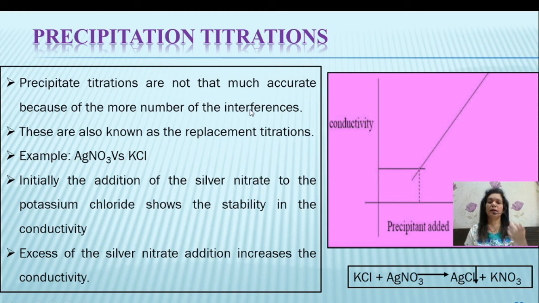When we add KCl solution to AgNO3, formation of precipitate keeps the conductivity constant or decreasing, so initially a plateau is observed. Once the precipitation and formation of AgCl is complete, excess addition of KCl increases the conductivity and a sharp rise is observed in the graph. Extrapolation of these two lines will give you the endpoint of the titration.